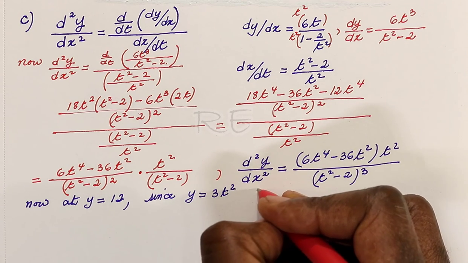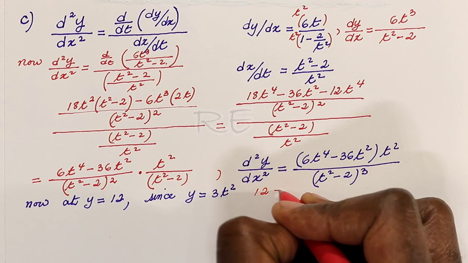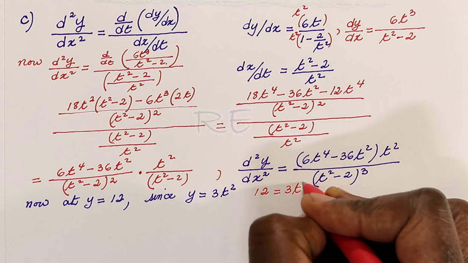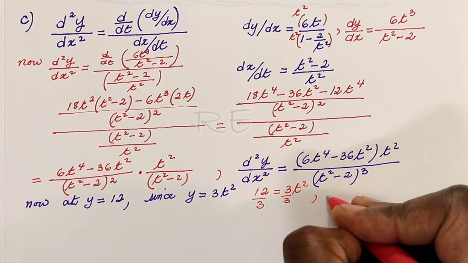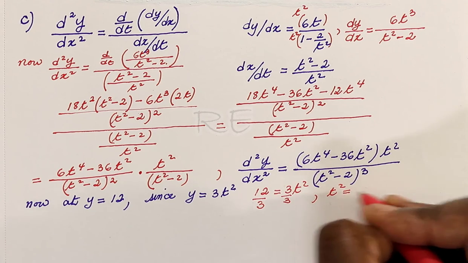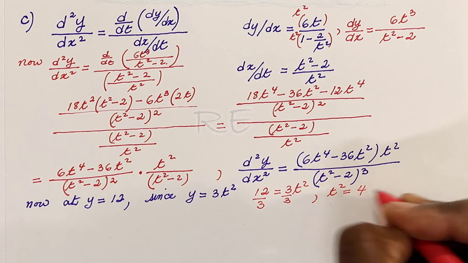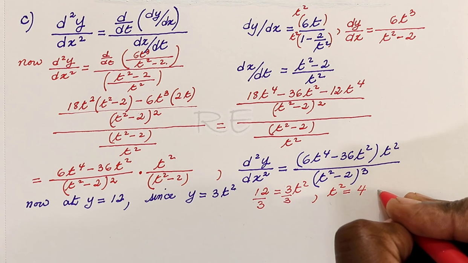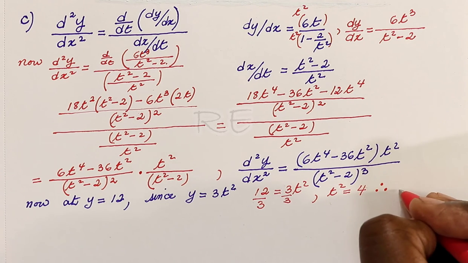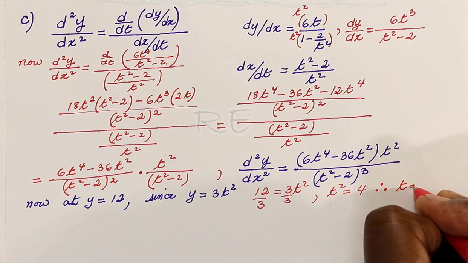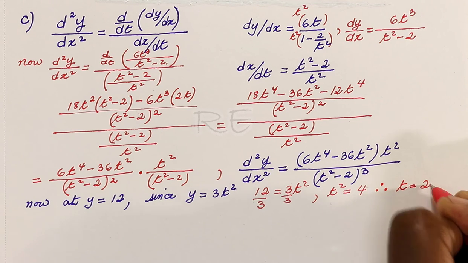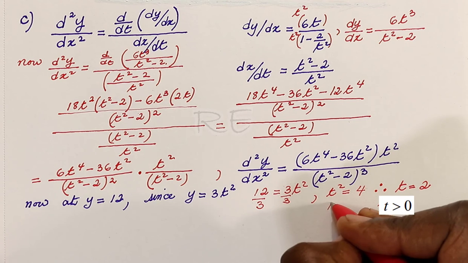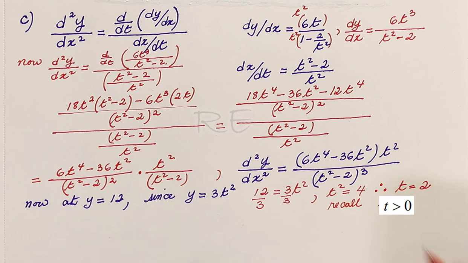We'll get 12 is equal to 3t squared. Divided by 3, t squared is equal to 4, and supposedly t should be equal to plus or minus 2, but t is positive, so t is equal to positive 2. Students should remember that t is the time and it's greater than 0.